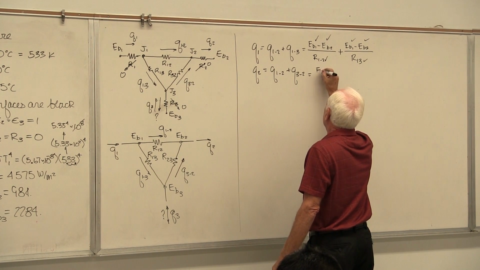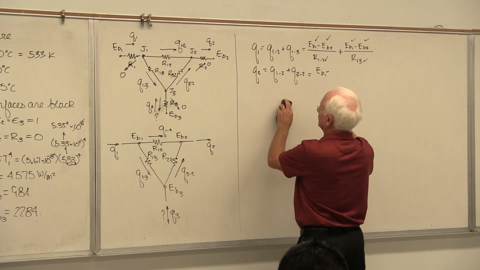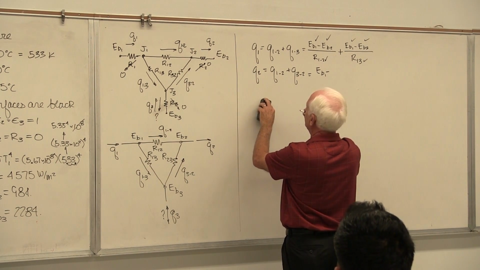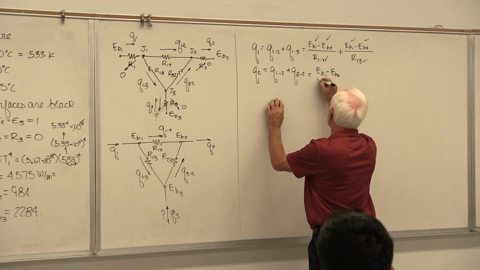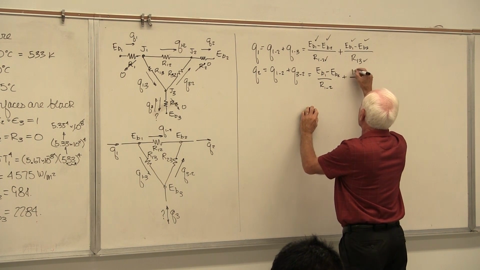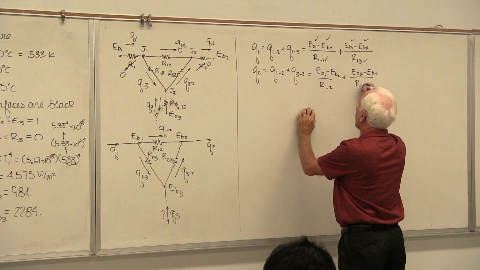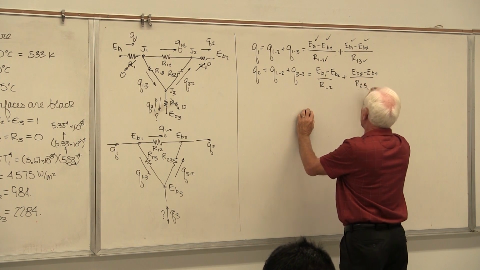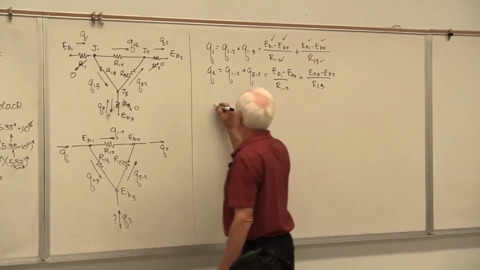Okay, EB1 minus, we have that, 1 to 2. Got it. Okay, the last one, Q3.